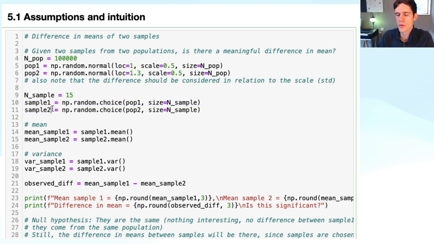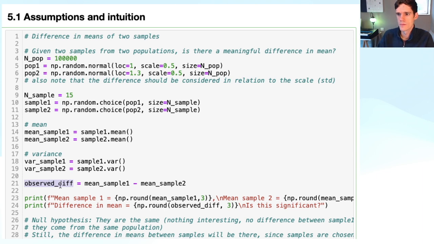Now, the first step, of course, is to compute some sample statistics. We compute the mean of sample 1 and the mean of sample 2. Now, in reality, these are the only two means that we have, because the population distributions are, of course, unavailable to us. We also compute the variance of sample 1 and the variance of sample 2. And now the important metric is the difference between sample means.